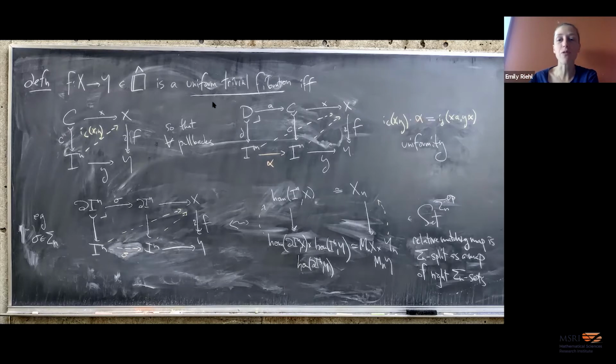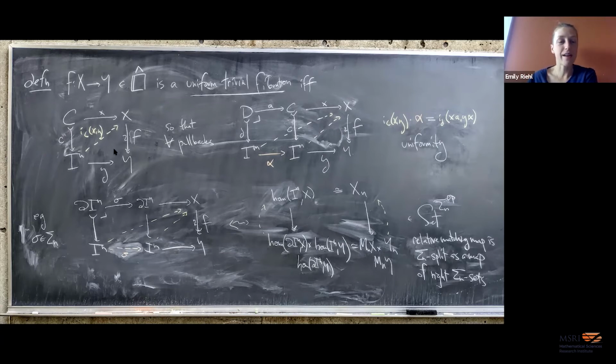So they're called uniform trivial fibrations. I should say the cofibrations are monomorphisms. So that would be one way to say what they are. Anyway, so a map of cubical sets, Cartesian cubical sets, so this is a map in the presheaves on the cube category, is called a uniform trivial fibration if and only if it satisfies the following lifting property.